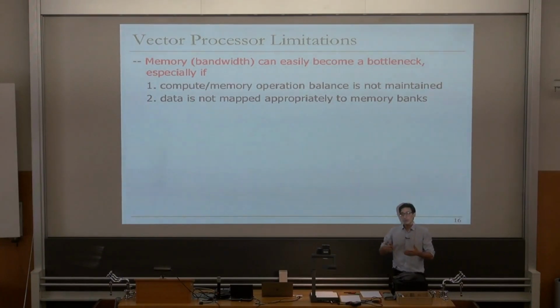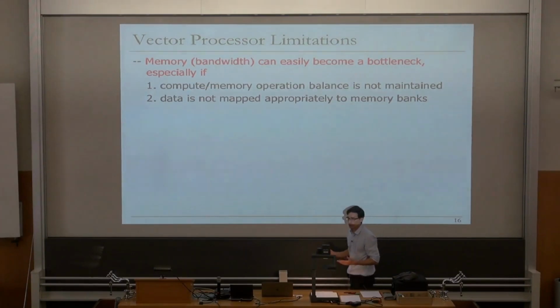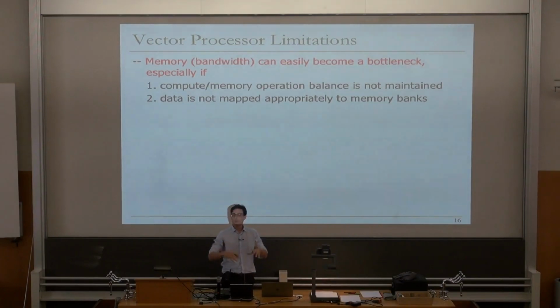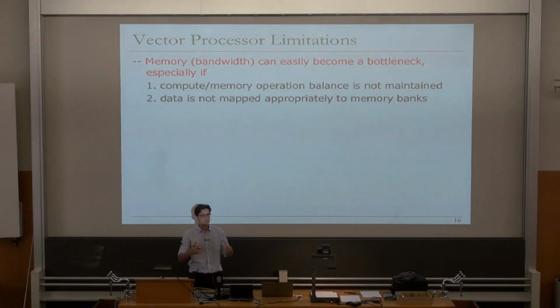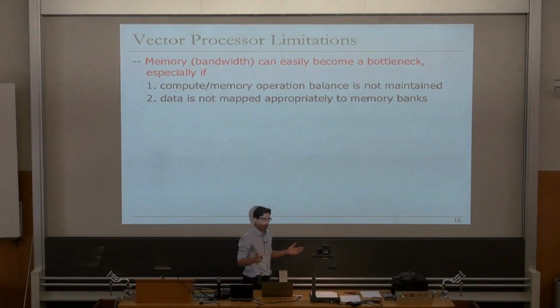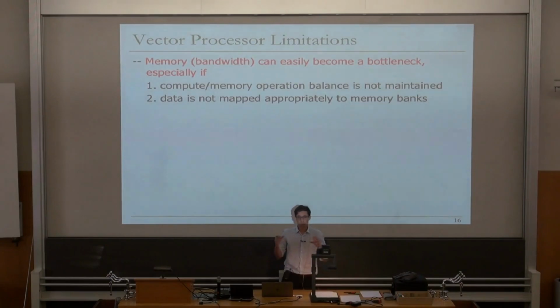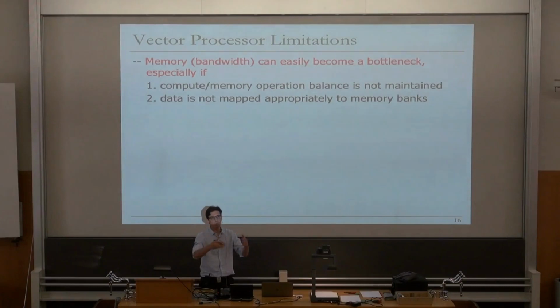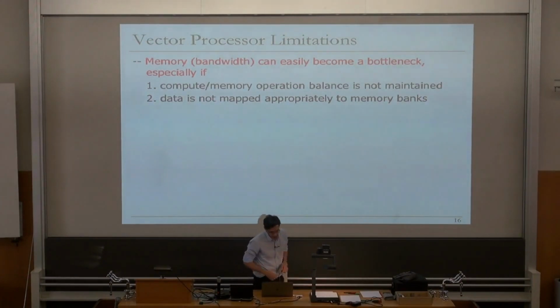So if our arithmetic intensity or compute intensity is high enough, this means that every time that we read something from memory, we execute several or many operations on this data, everything will be okay. But if our computation is very lightweight and we are just essentially moving data, we will be always accessing memory, and this will overwhelm the memory bandwidth. One way of dealing with that is using memory banks that we are going to see next.